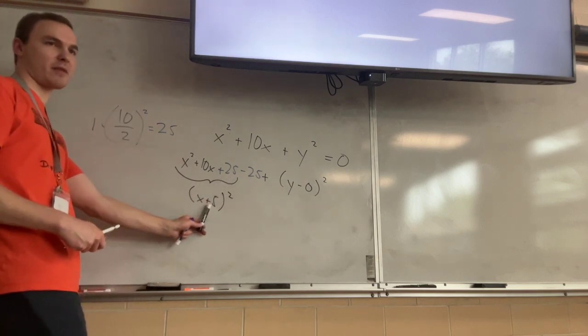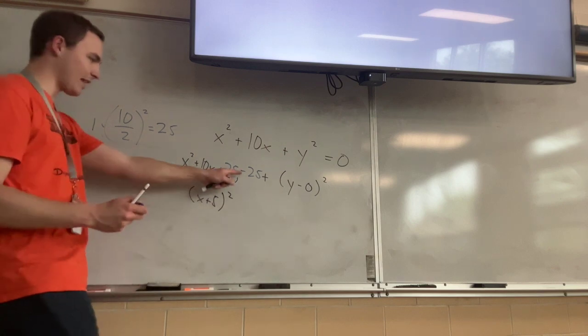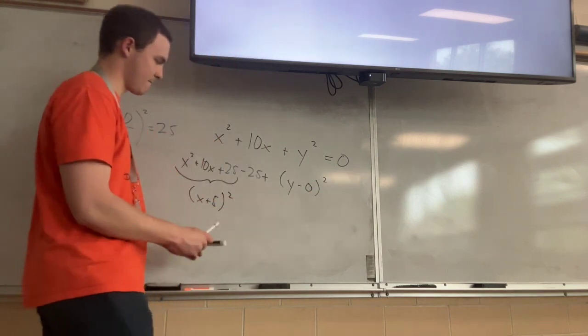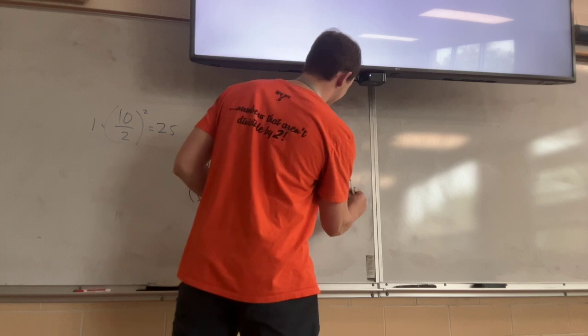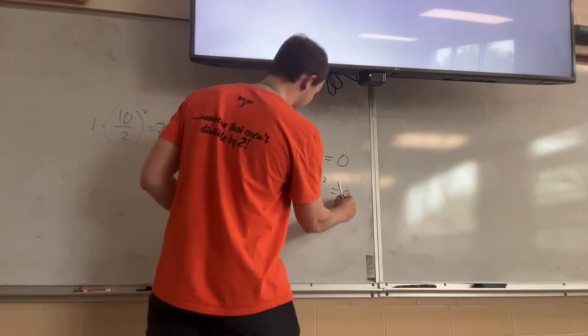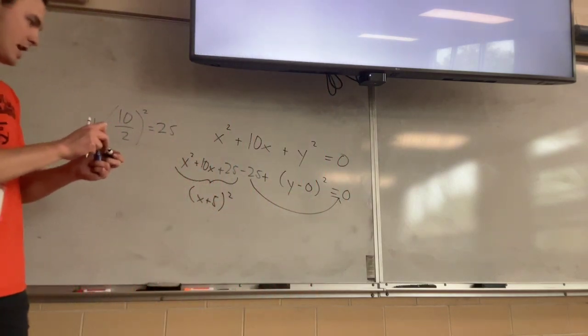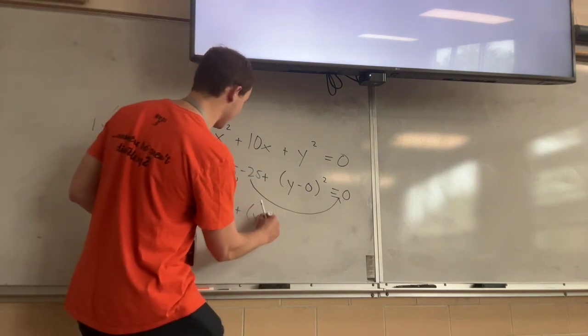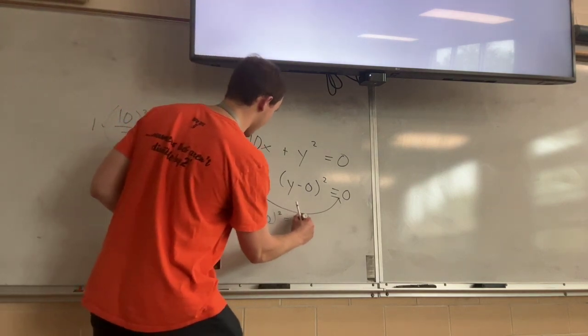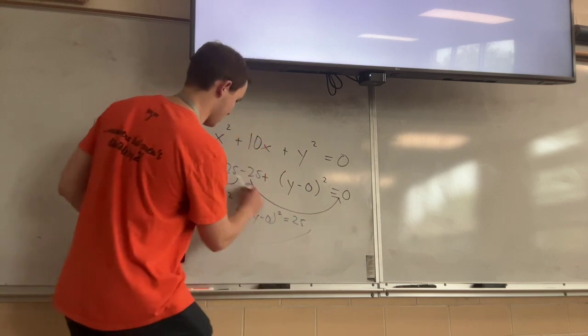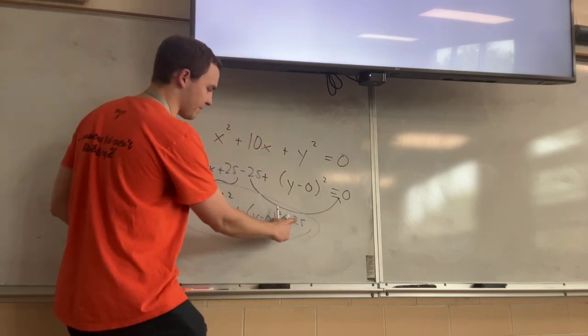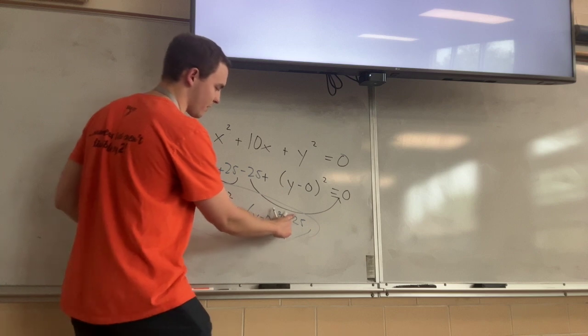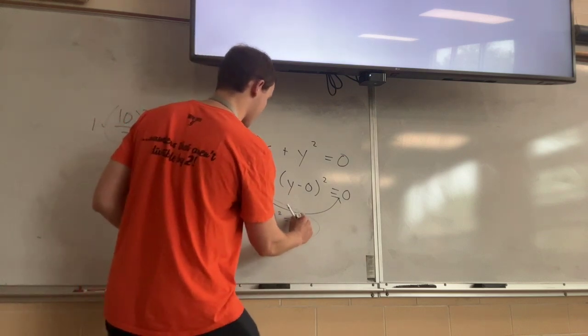Now I have the x coordinate of my vertex. Take this 25 and add it over to the other side. I get x plus 5 squared plus y minus 0 squared equals 25. Rewrite the 25 as something squared. 25 equals 5 squared.